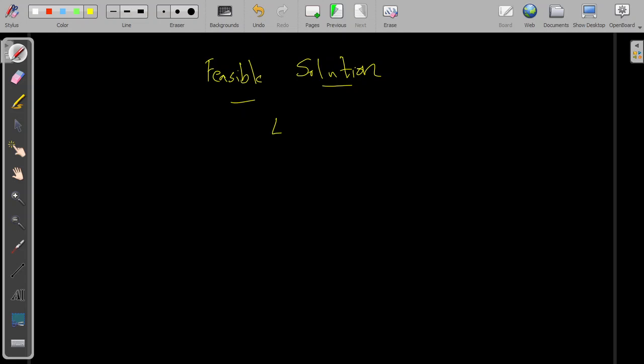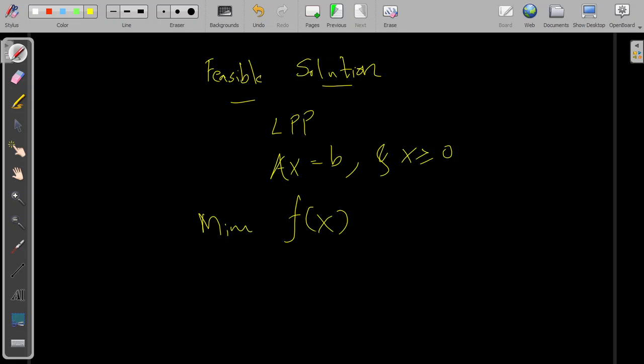In an LPP, any solution that satisfies the constraints ax equal to b, that means standard form, and x greater than or equal to 0 is called the feasible solution. So minimize f of x, then we will get some solutions. If those solutions also satisfy the given constraints, then the solution is known as a feasible solution.